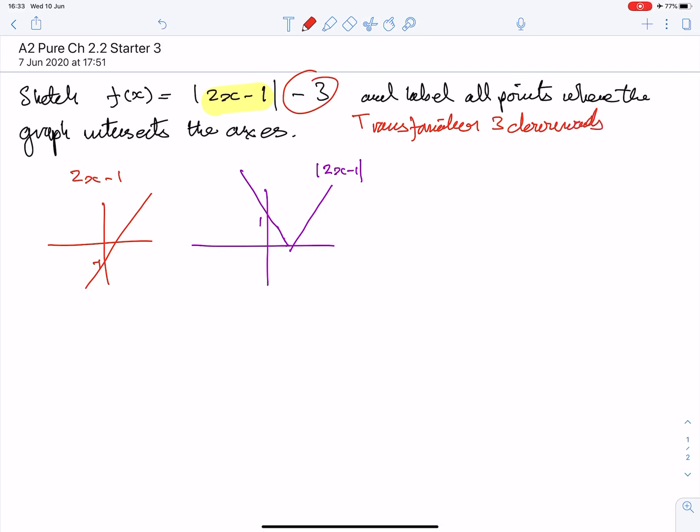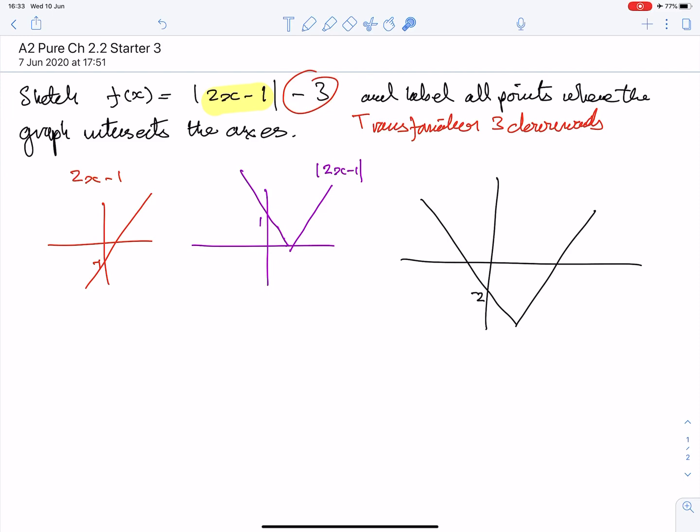So the graph is now going to look something like that. If this point was 1, it's going to be coming down here. If it's moving down 3, it's going to be at minus 2. So draw it and then worry about labelling. So that's minus 2 because we've moved down 3 from the minus 1 due to the minus 3 here.